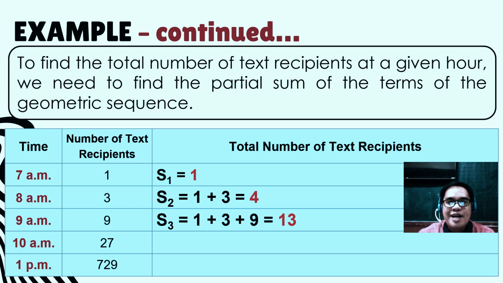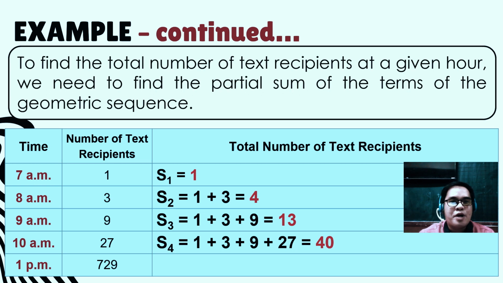But we are asked to get the number of people who will have received the text message by 10 a.m. So in the list, 10 a.m. falls into the 4th term of our geometric sequence, so we will get the series of 4 terms, or S sub 4, the sum of the first, second, third, and 4th terms, and it is 40 text recipients.